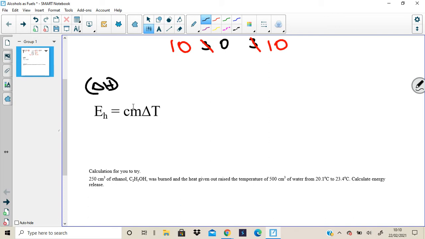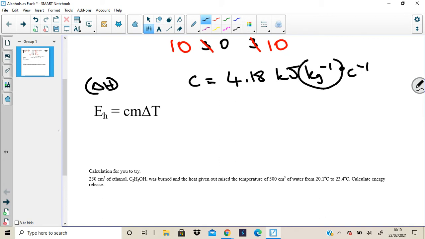So what do these things mean? If you're doing physics, you'll have come across heat capacity of a liquid. We're just going to skim over this because in chemistry, the majority of the time, it's always water, apart from the one example Mr. Hay showed in his video. It's kilojoules per kilogram per Celsius.